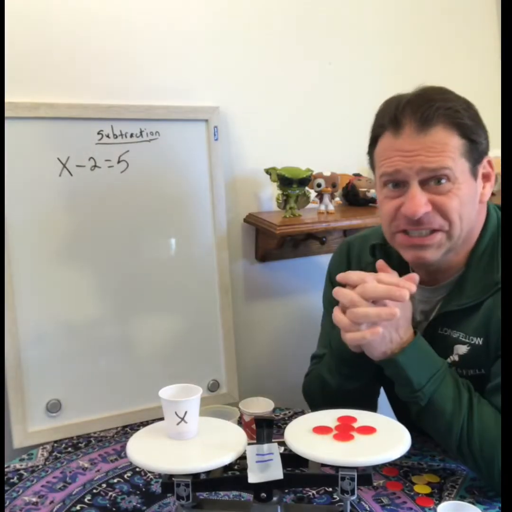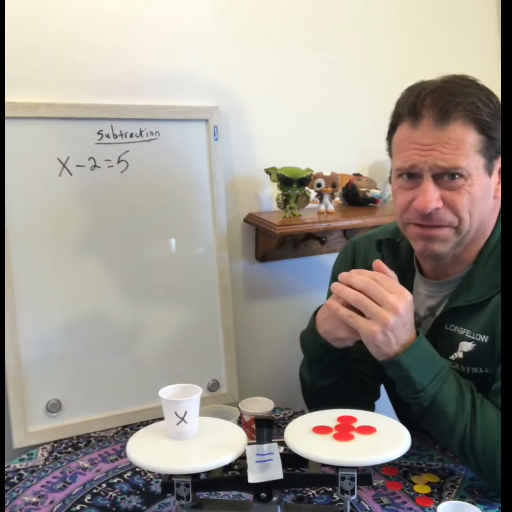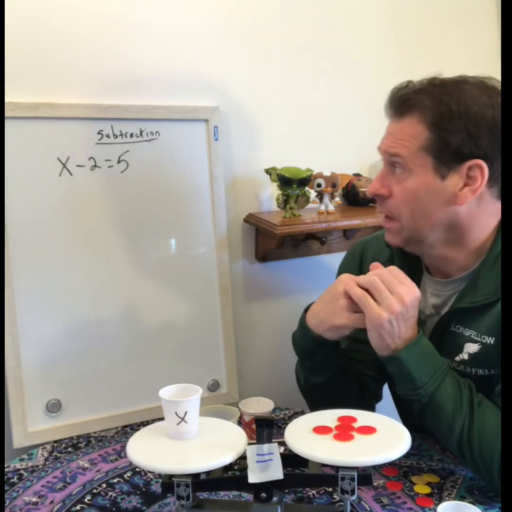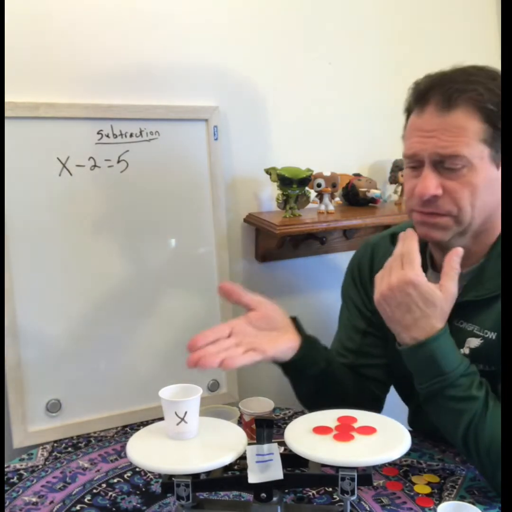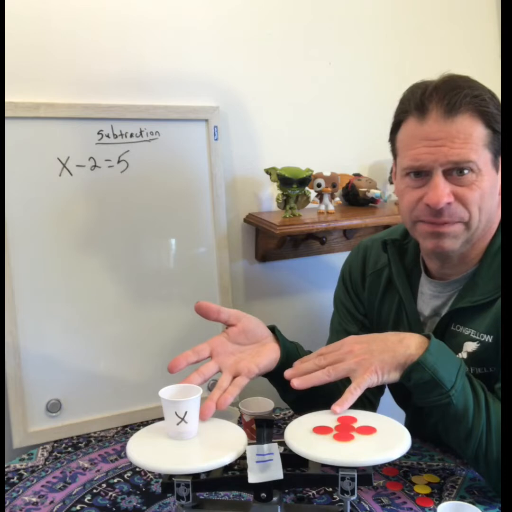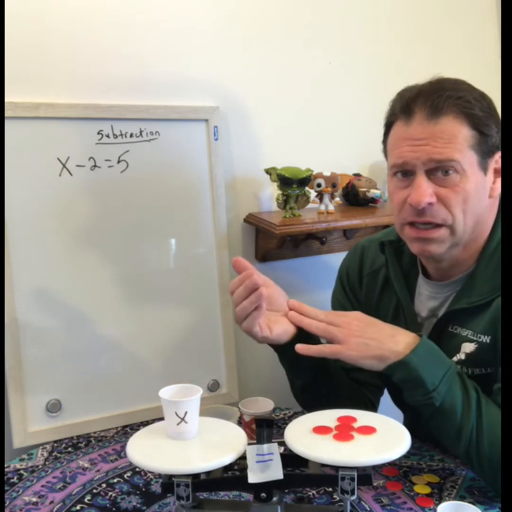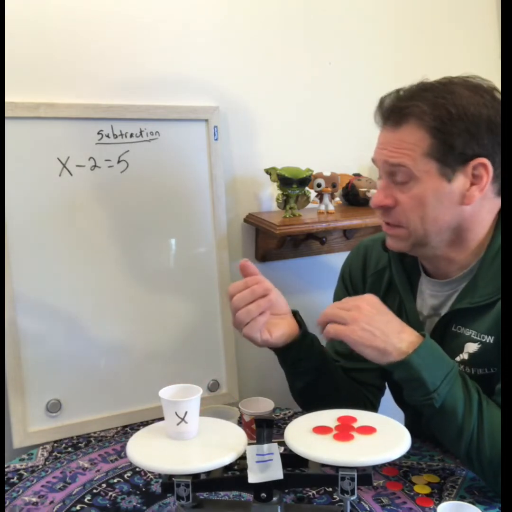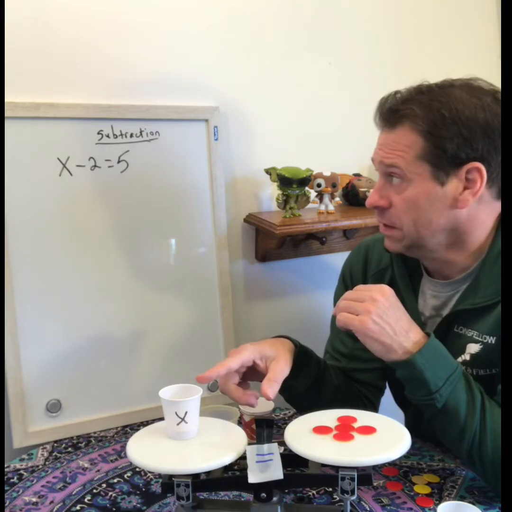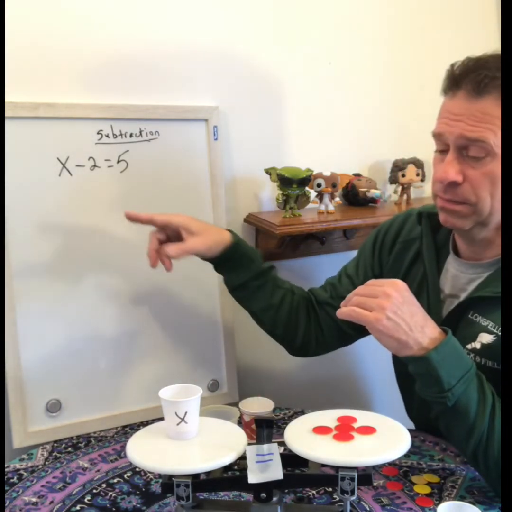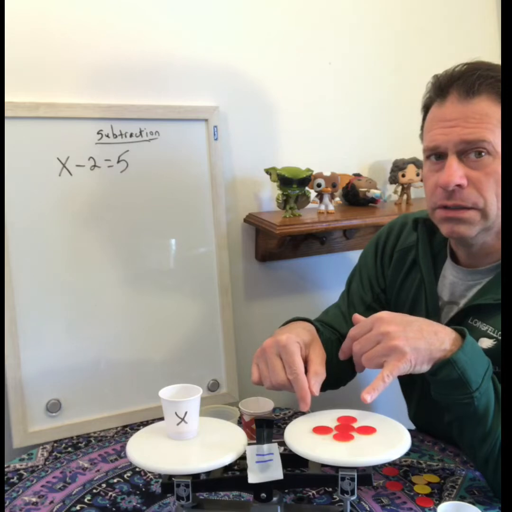For subtraction, it's just a little bit different, and the balance gets a little confusing on it, but it's really not that bad. This would be like x minus 2 equals 5. Well, notice how I'm not in balance. And the reason I'm not in balance is because what's in x, I have 2 extra ones in there. Because I'd have to take 2 of them out to get this.